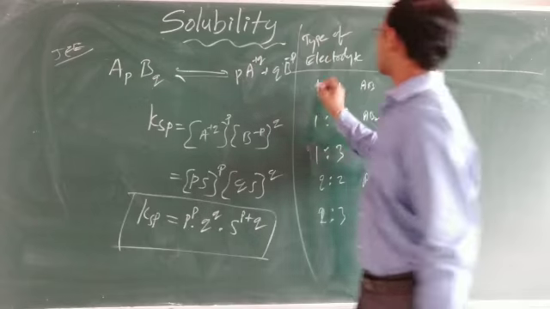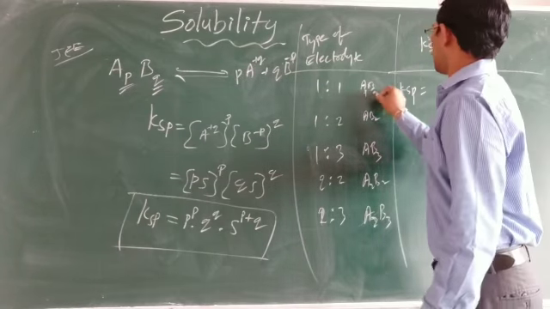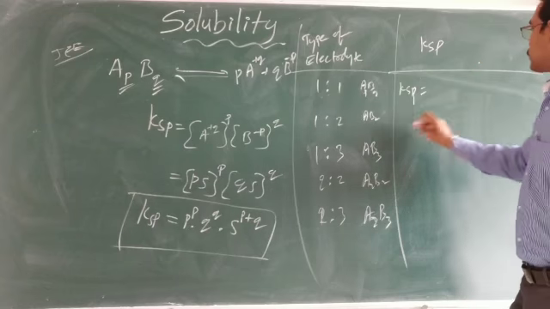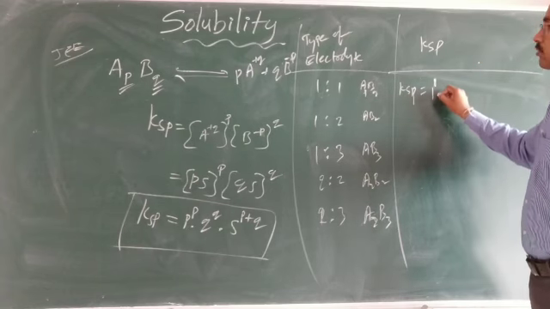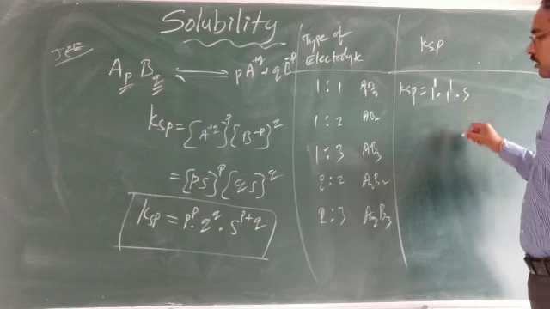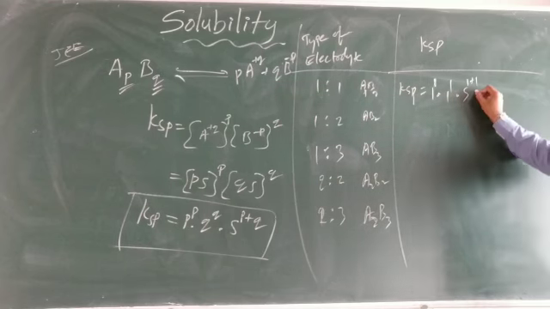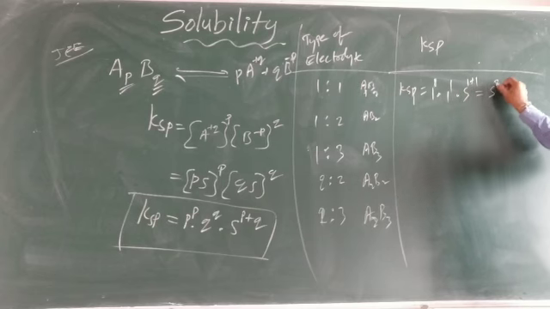See here, what is PQ? Here PQ, that means 1 1. So 1 to the power of 1 into 1 to the power of 1 into S to the power of 1 plus 1. Yes, this is equal S square.